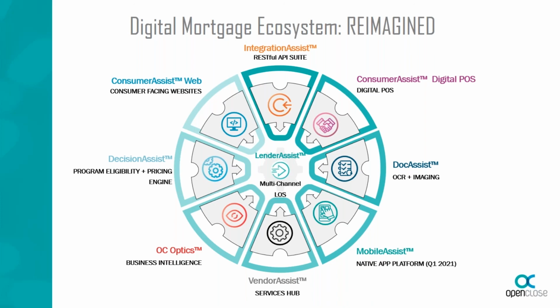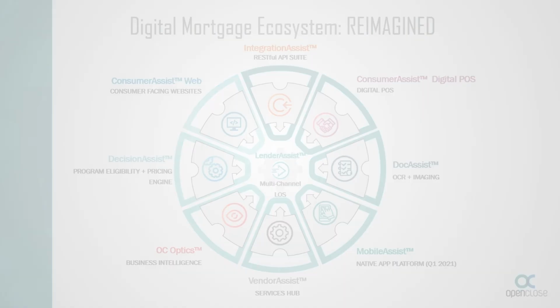When they hit that Apply Now button, our customer can inject an SSO token into our consumer digital POS to create their member account and a data payload to pre-populate whatever data they want into the application and place them at any point in the application that they want them to go. So it's very, very flexible and accommodates a lot of that style of interaction.